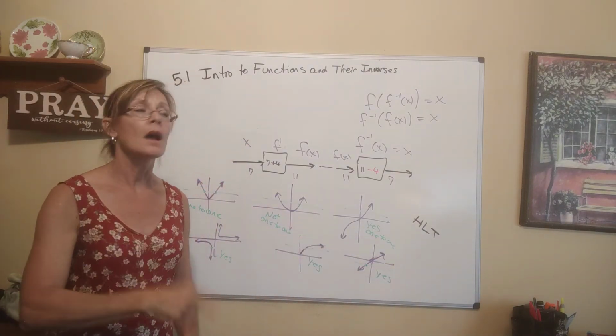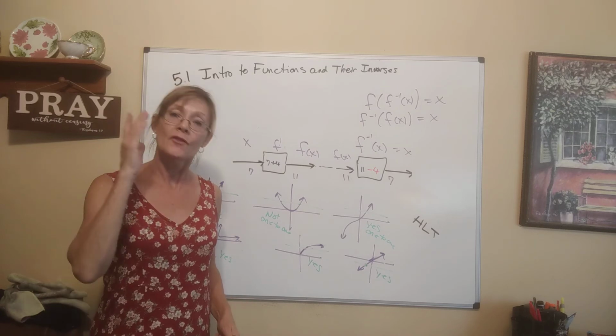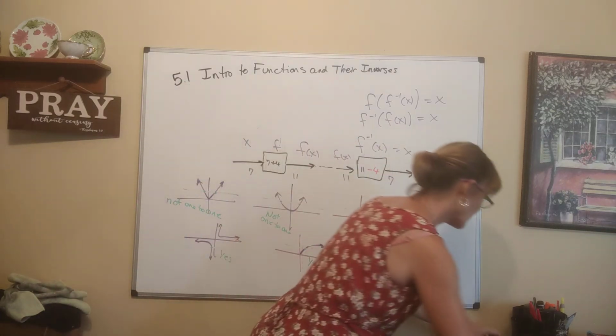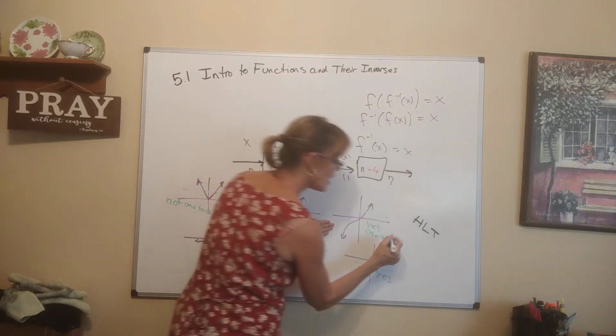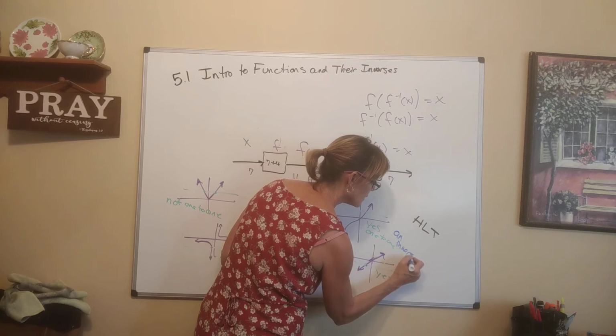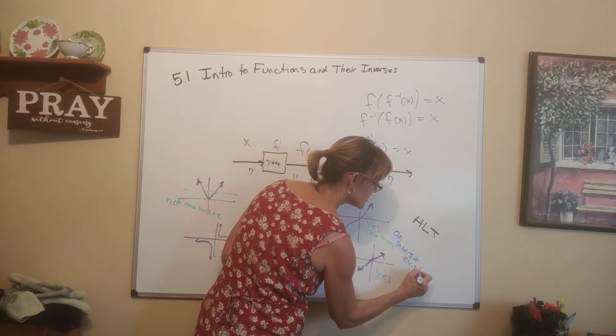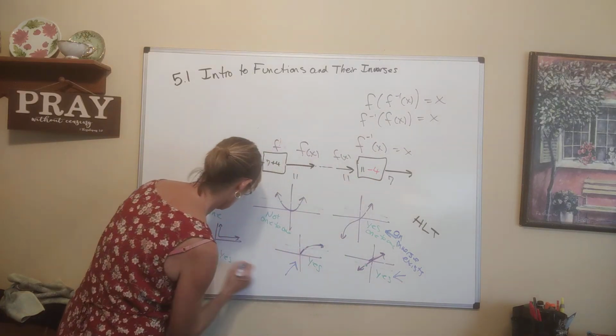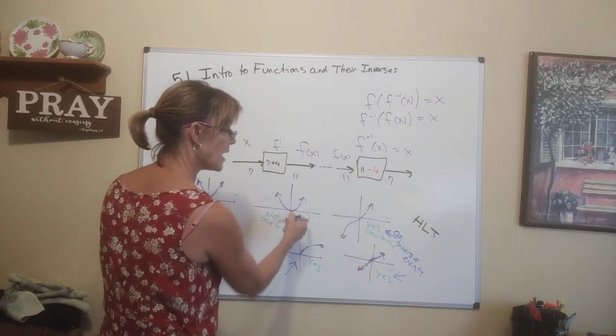What is the significance of it passing the horizontal line test? Then it's one-to-one. Why do we care if it's one-to-one? If a function is one-to-one, then an inverse exists. So an inverse exists here, here, here, here. What about these guys?